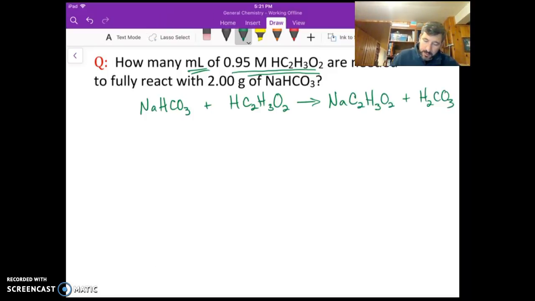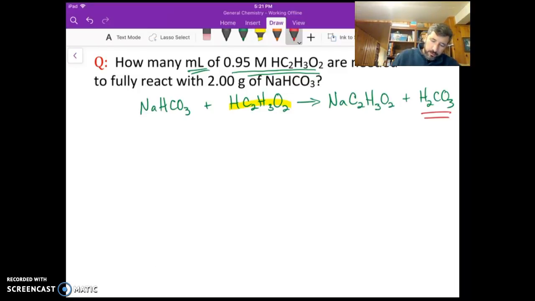Now I will tell you something about the H2CO3 that I didn't bother with telling you in the lab. That actually then breaks down into water and carbon dioxide, which is why you saw bubbles. And then what was left in the beaker, in addition to the excess hydrogen acetate, you had that water that then had to be boiled off. But either way, the balanced equation is still this. Everything's in a 1-to-1 ratio.